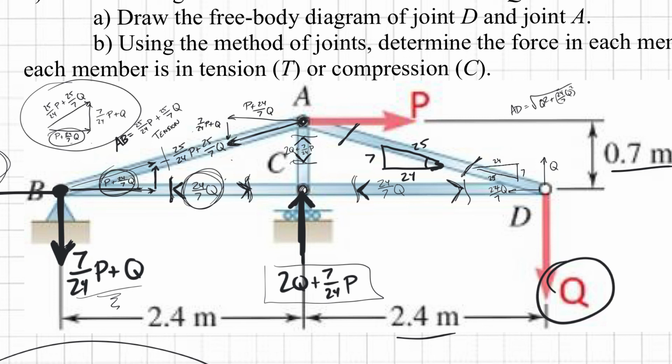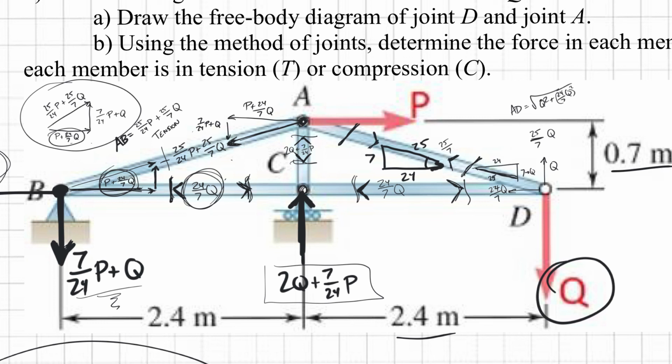So what we're going to do is notice that the 7 is a Q. Okay, I want the 25. So this side right here, I'm going to take the 7 side and turn it into the 25 side. So it's going to be 25 over 7Q. Okay, so this side is going to be 25 over 7, and it's going to have to be in tension, right? So it's going to be pulling from the other two sides.